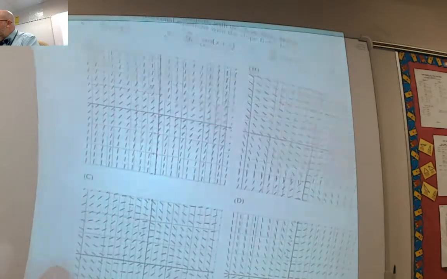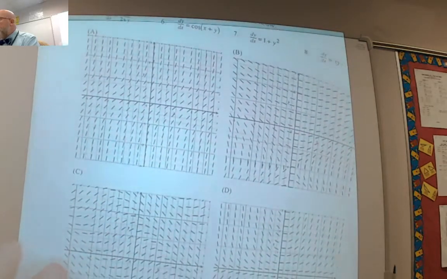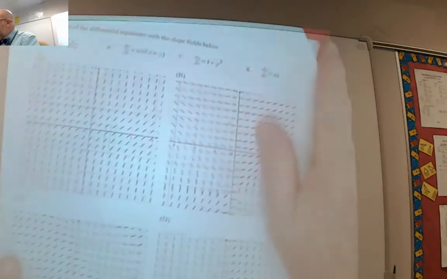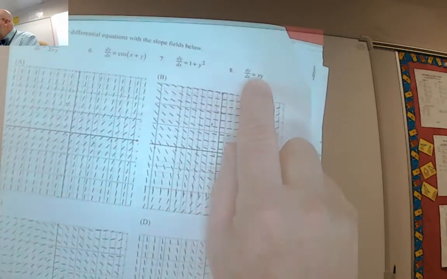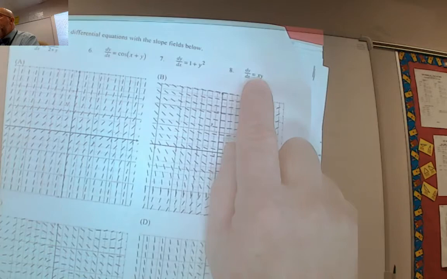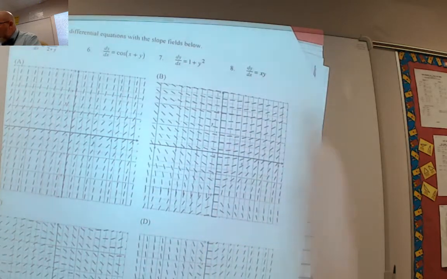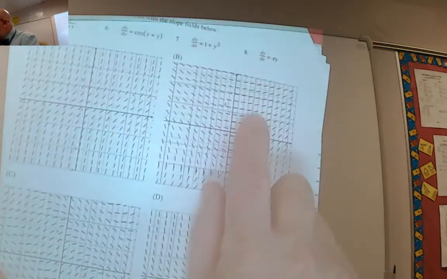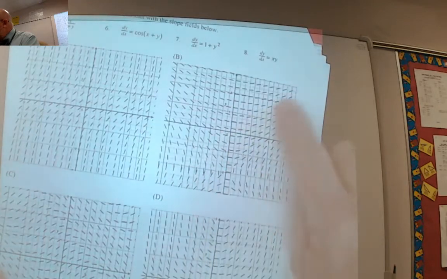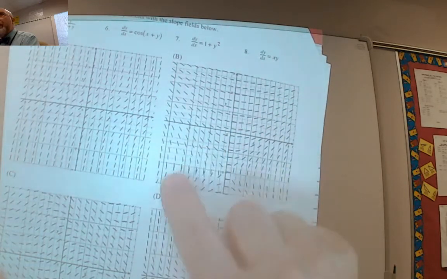Did I talk about these other ones already? Number 8, when x and y are positive, the slopes are positive. When x and y are both negative, the slopes are positive. Would you agree? And when one of them is negative and one of them is positive, it's negative. So if I take a look here, and let's say I chose this one, they're positive here, but they're negative here, aren't they?